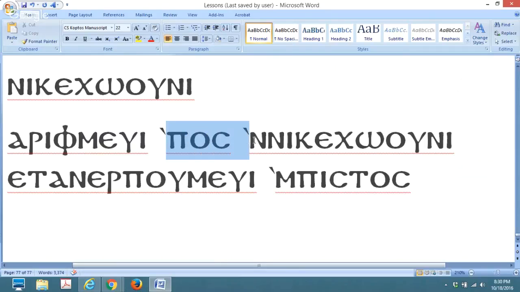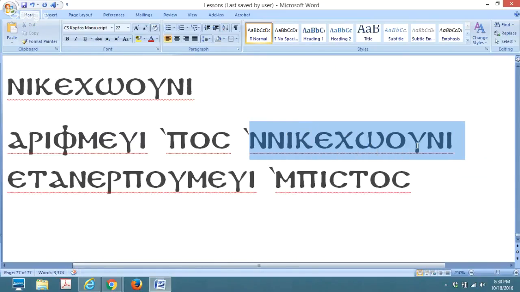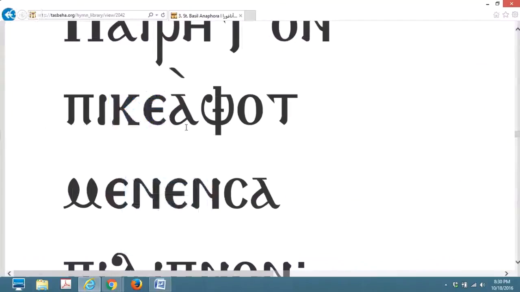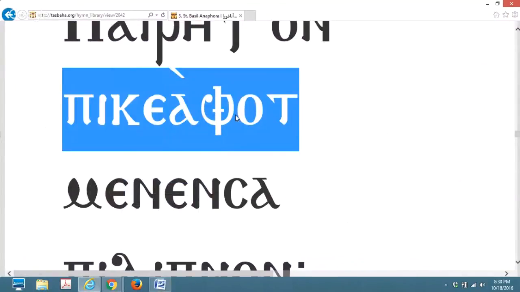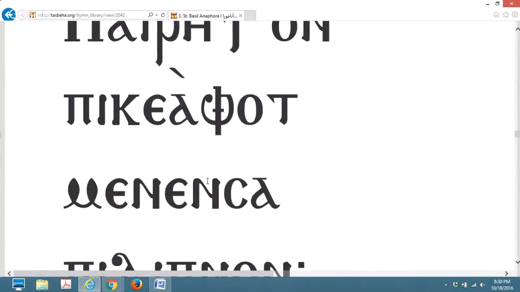Remember O Lord, en ni kekaun. This is just the particle here. Ni, the plural definite article, and then kekaun, the others. So it's not like what we have here, where we have ke afot, where we're talking about a cup. Others.